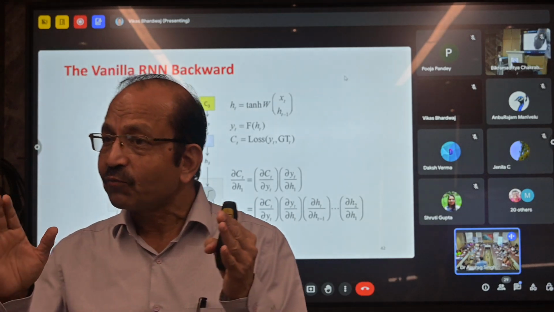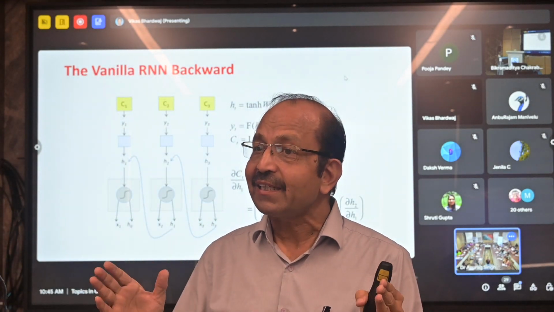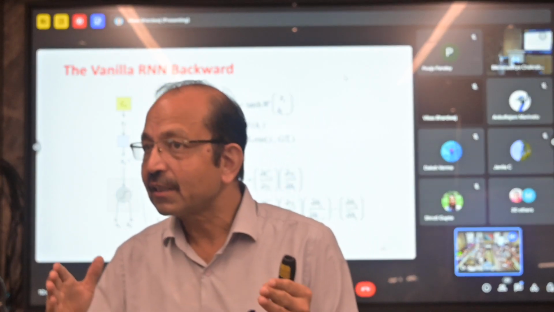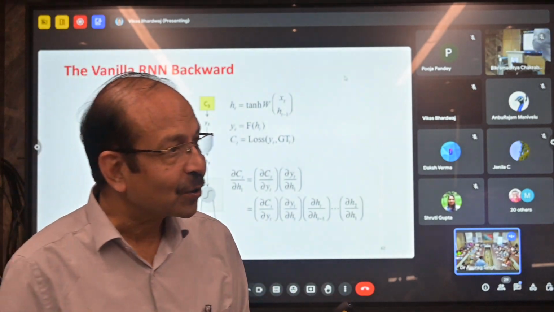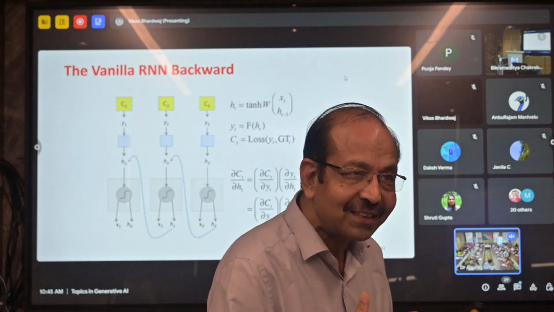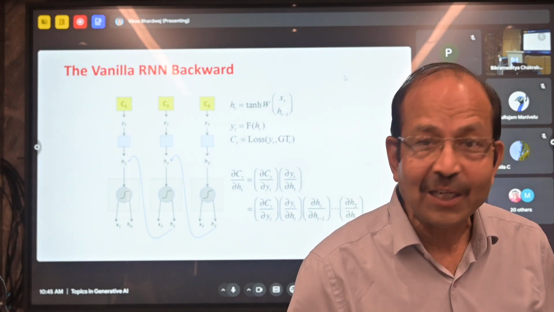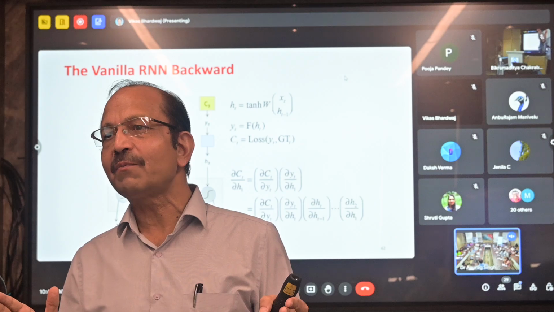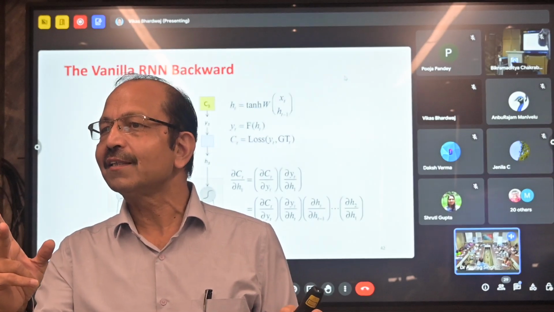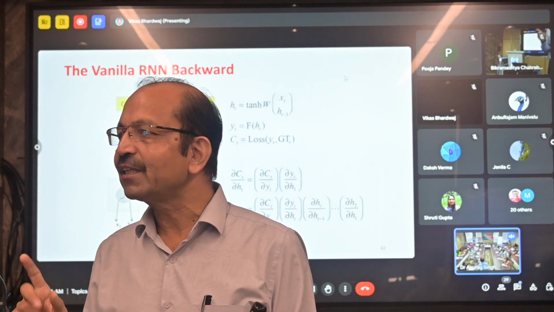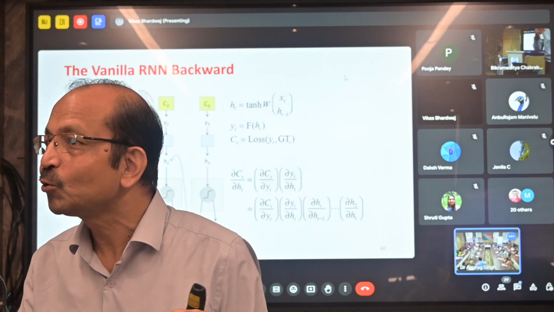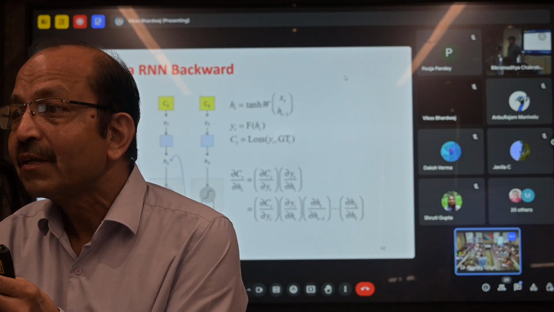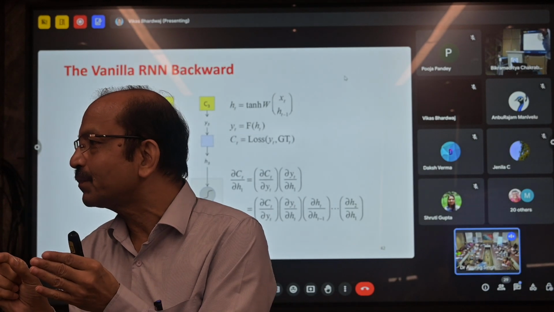There was one research paper prior to 2000 showing that by using deep architecture you can solve problems much more easily in comparison to shallow architecture. But still, prior to 2000 none of us were able to use more than 2 hidden layers. Most of the research works were using either 1 or 2 hidden layers, and it was because of this chain rule, because of this vanishing gradient problem.